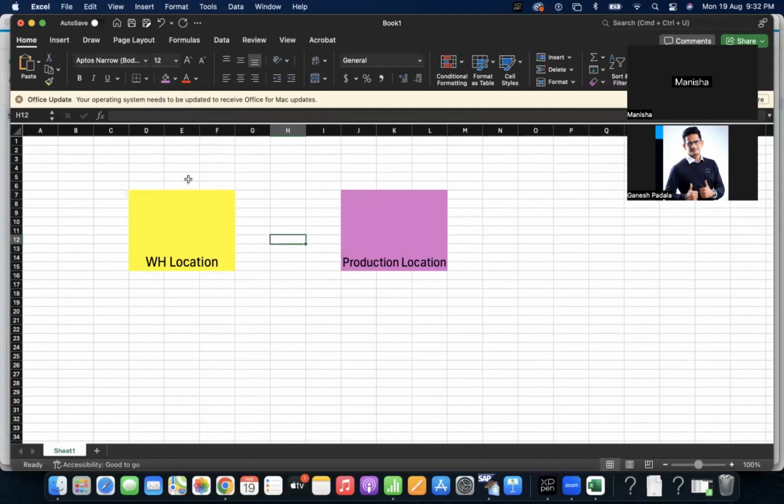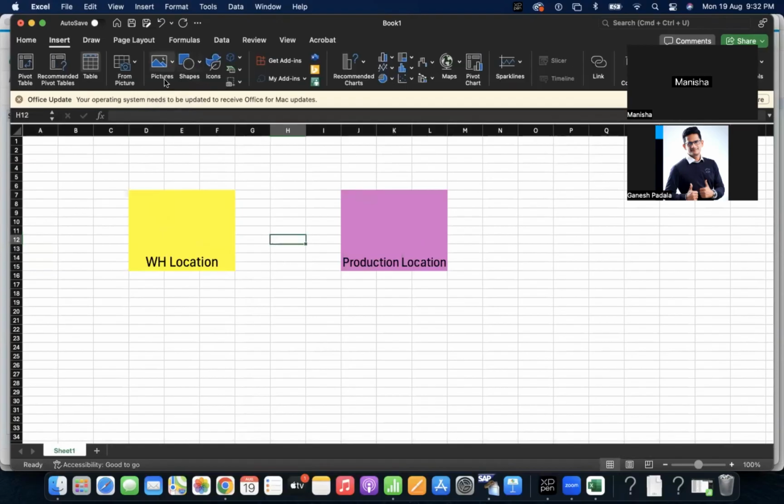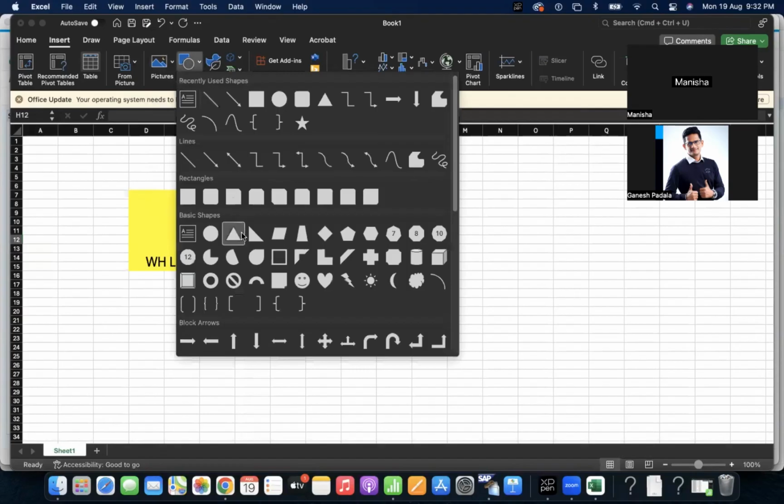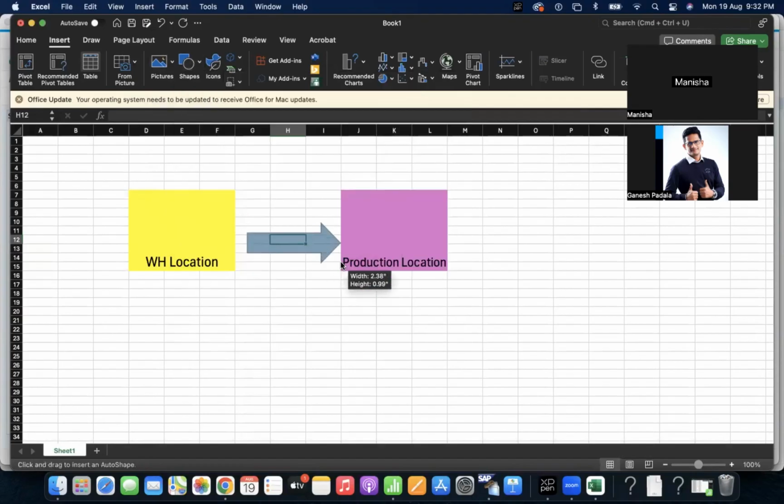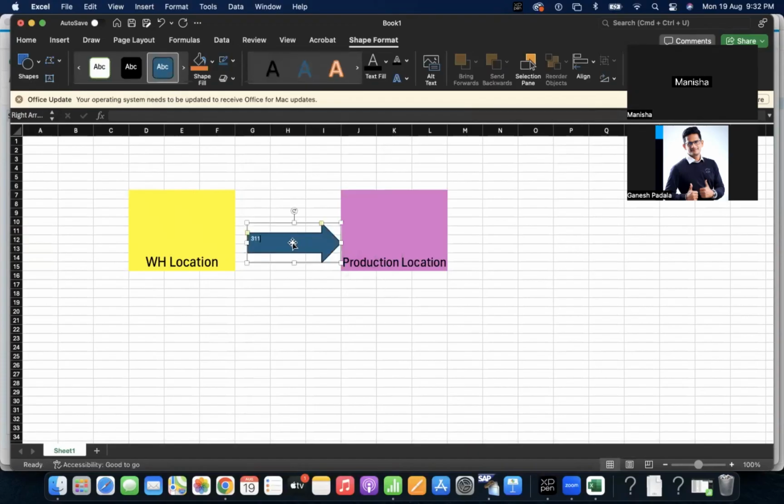So they do in between, they do the 311. 311 movement will be performed. This 311 movement they may do once in a day like that, but physical goods will be sent based on the plan.